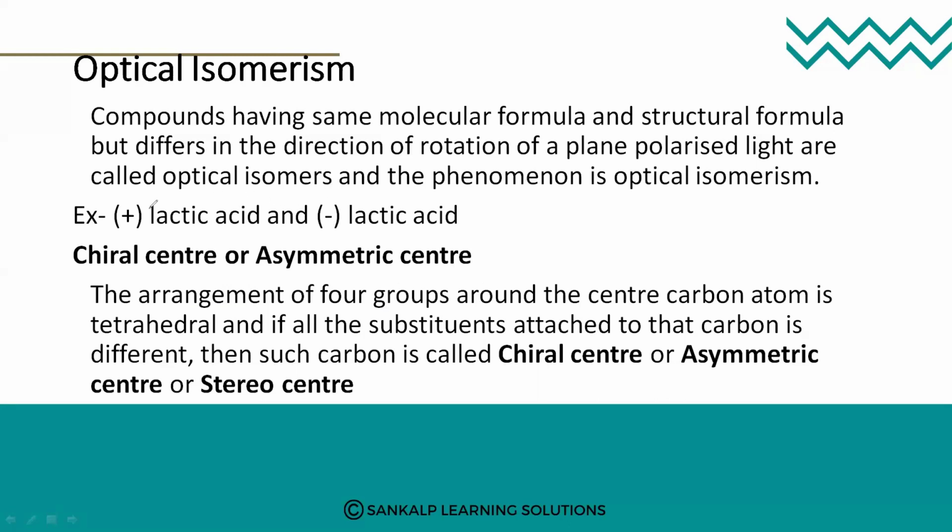For example, plus lactic acid and minus lactic acid: their molecular formula is the same and their structural formula is also the same, but they differ in the direction of rotation.